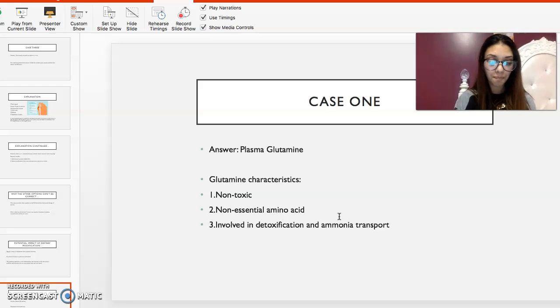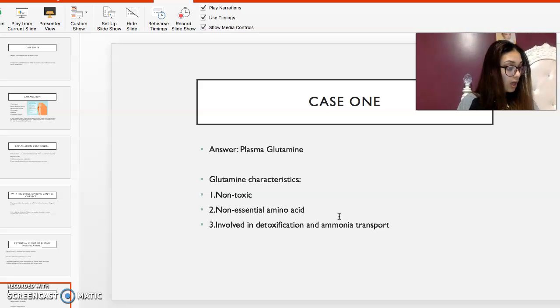Then it says, in this patient where orotic levels are elevated, list one urea cycle enzyme that is most likely deficient and one urea cycle enzyme that is least likely to be impaired.